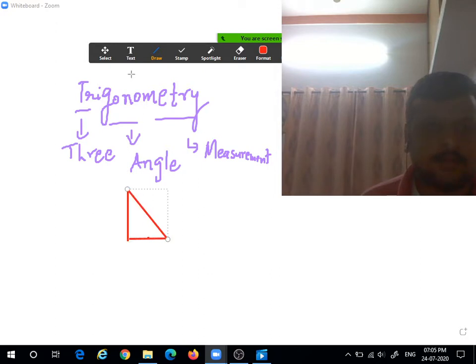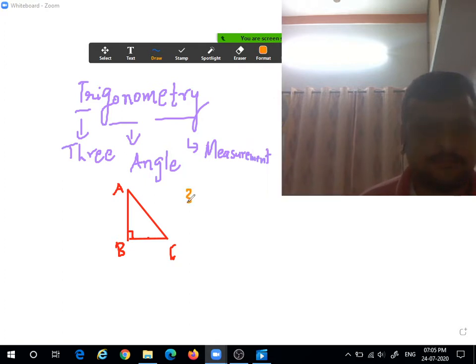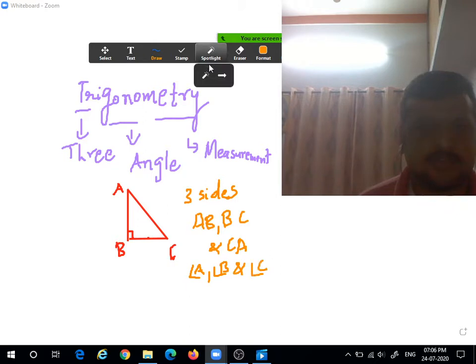So the triangle ABC is right angled at B. This triangle has 3 sides: AB, BC and CA, and it also has 3 angles: angle A, angle B and angle C.